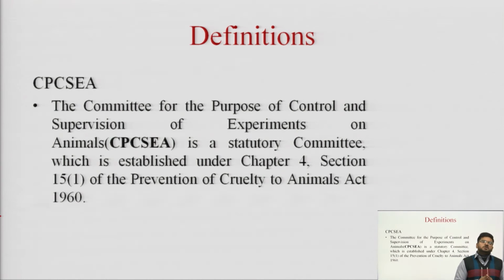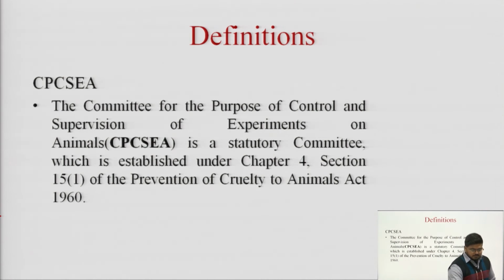The Prevention of Cruelty to Animals Act was passed in 1960, and under this Act they have developed 3 committees. One is the Animal Welfare Board, another is the Institutional Animal Ethical Committee, and another is CPCSEA, the Committee for the Purpose of Control and Supervision of Experiments on Animals.